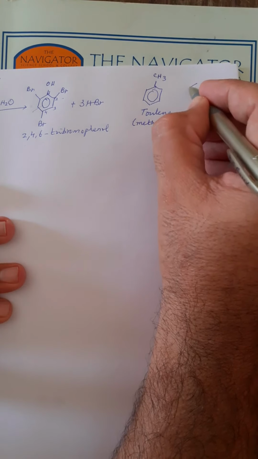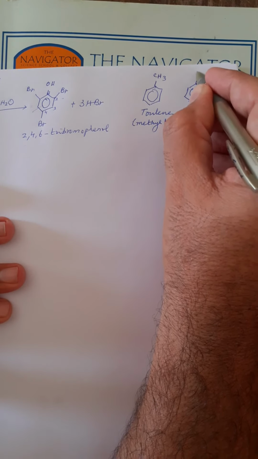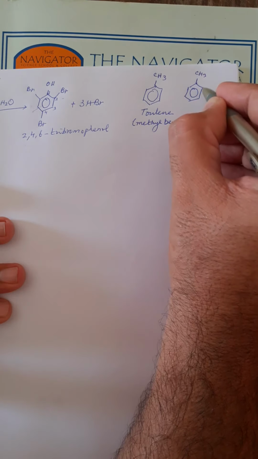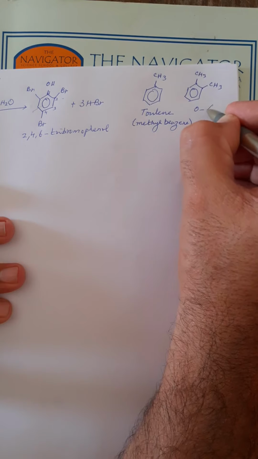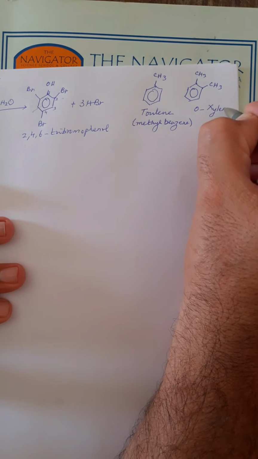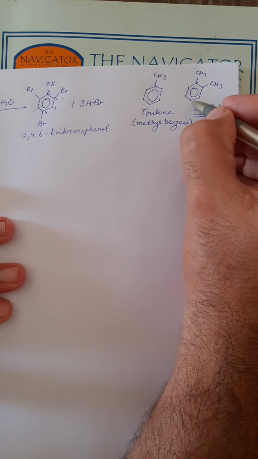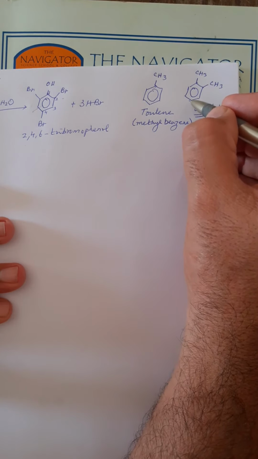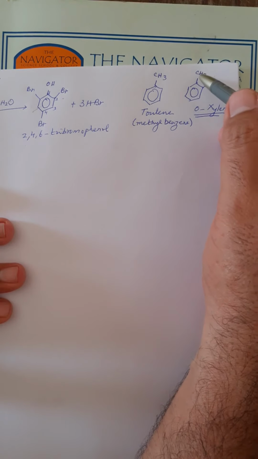If there are 2 methyl groups, it's called xylene. Now this is CH3 and this is CH3. This is called O-xylene. If the second CH3 is here, we call it P-xylene, that's right. There's no M-xylene because CH3 is not a meta-directing group.